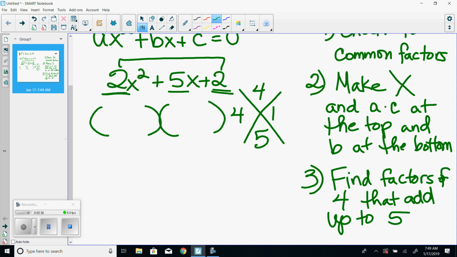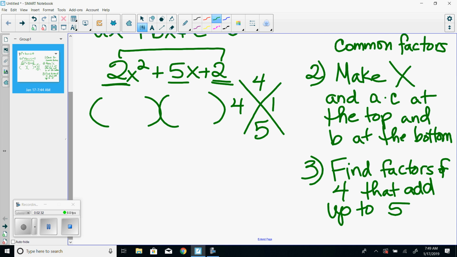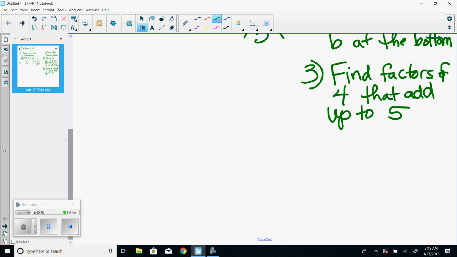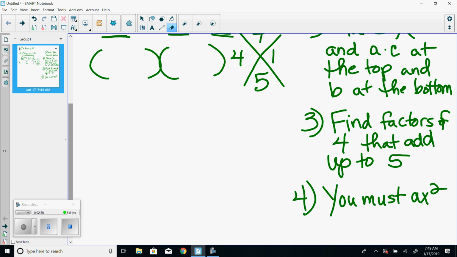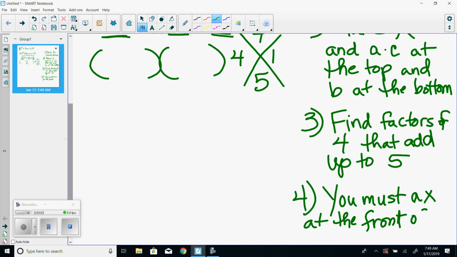Here's the next part of this technique that's different. You must put ax squared, or ax, at the front of both parens or binomials.